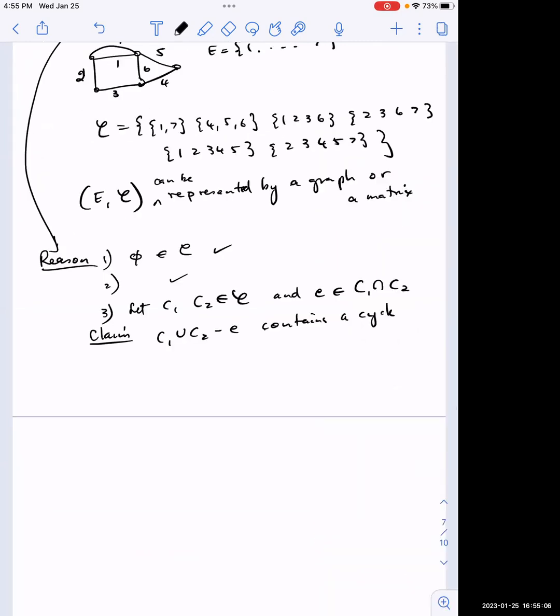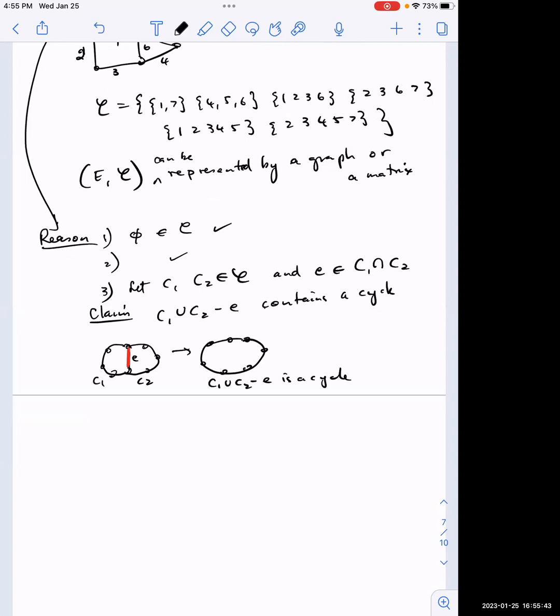So suppose you have two cycles, and they have an intersection. This is the edge that is in both cycles. Then you can just remove it and you can see the bigger cycle. So C1 union C2 minus E is a cycle.